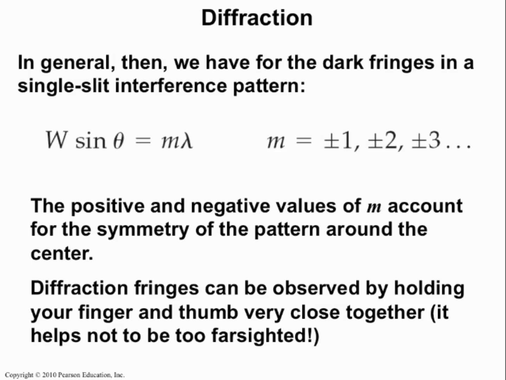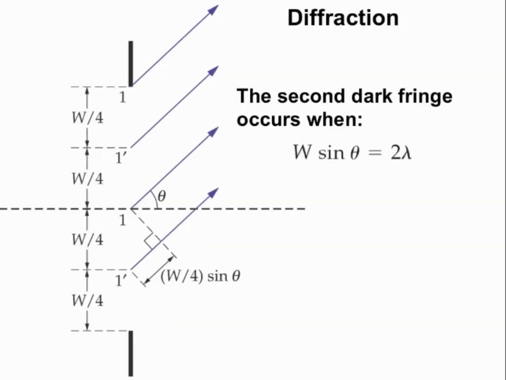The positive and negative values of m account for the symmetry of the pattern around the center. That just means that if we look at the single slit, I'm going to have a certain number of fringes above the center of the slit and a certain number of fringes below the center of the slit, and those will show up on the projection screen.